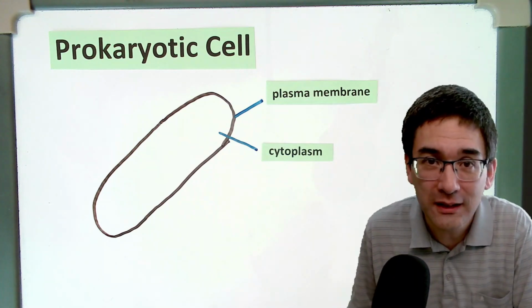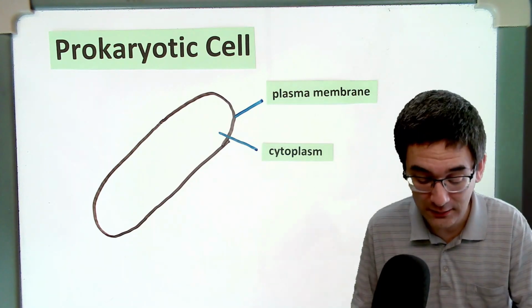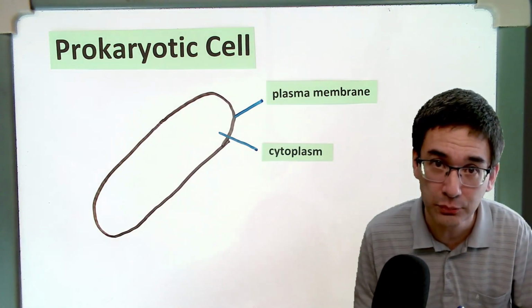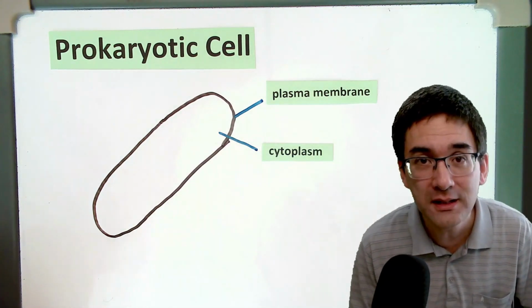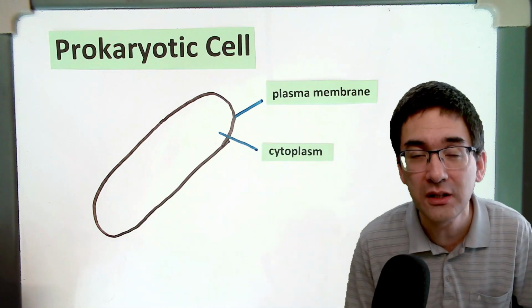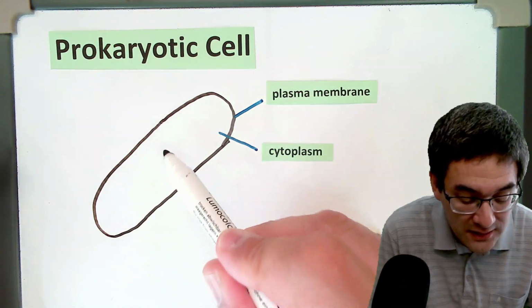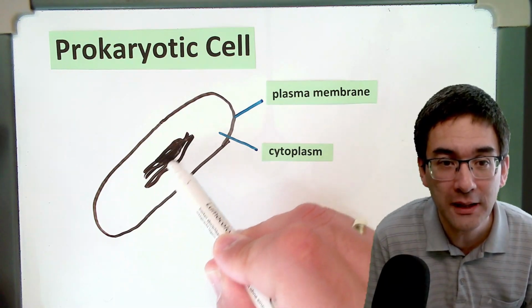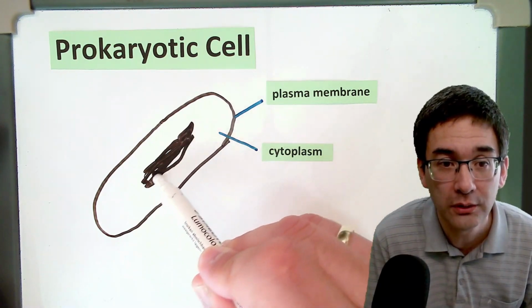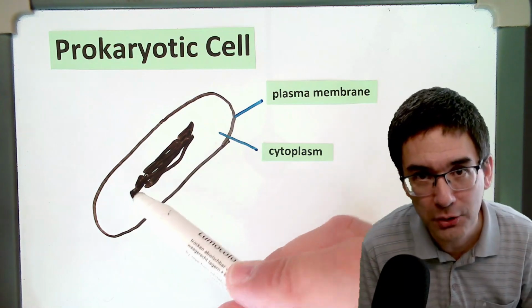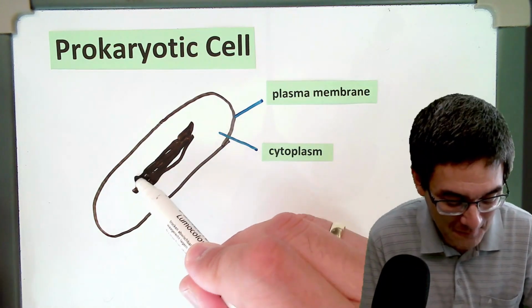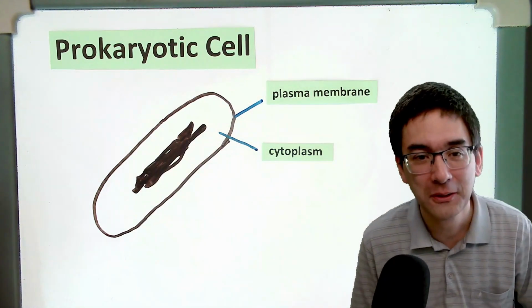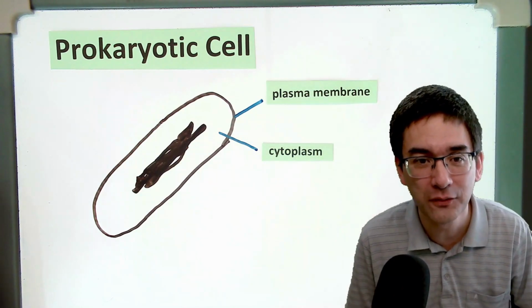Now, every living thing must have DNA. Prokaryotes also have DNA, but this DNA is not enclosed in a nucleus. Rather, it is a naked DNA that is free floating inside the cytoplasm. It's pretty long, though much shorter than the DNA of eukaryotes, but I'm just going to concentrate it here in the center of the cell.